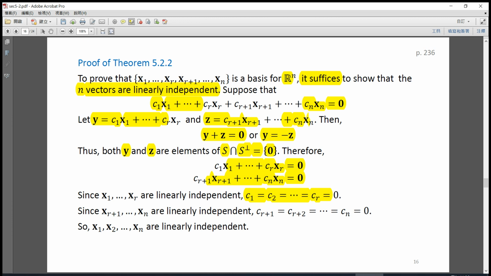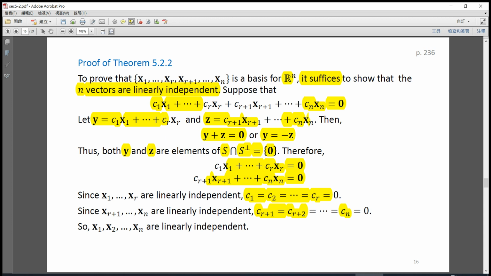And the second equality, c(r+1) x(r+1) plus up to cn xn equals 0, implies that c(r+1), c(r+2) up to cn all equal 0.